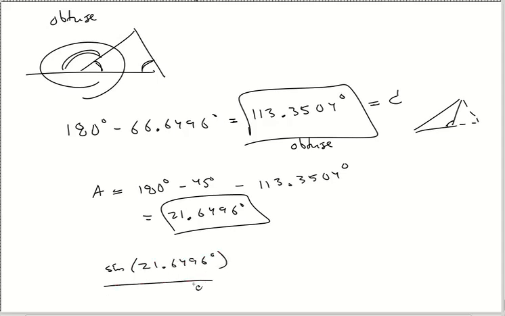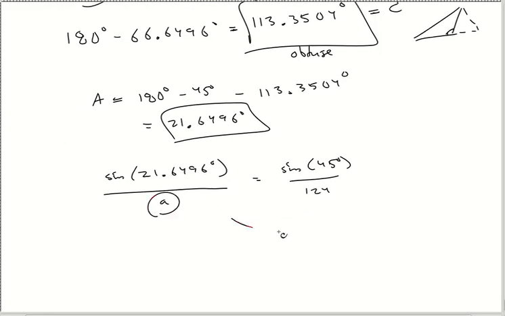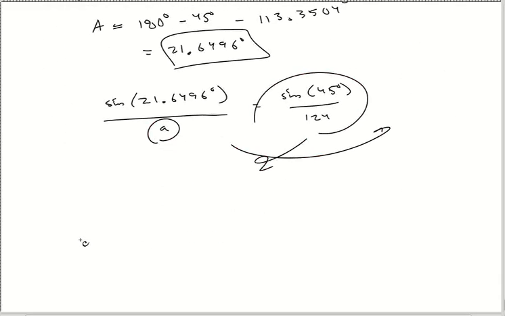Okay, and then to find little a, I guess I'll just do it the long way still. Sine of 21.6496 divided by little a equals sine of the 45 divided by the 124. 124, was it? Yeah, okay. Same as last time. Multiply, divide. Same thing. There's a lot of writing.